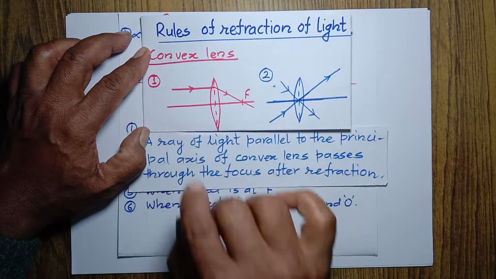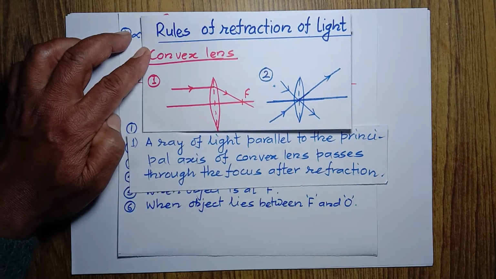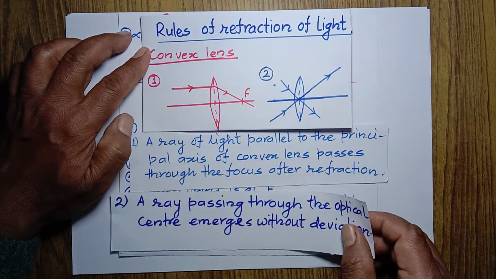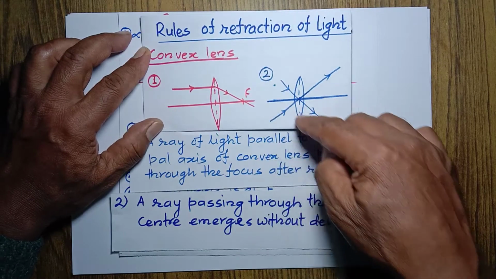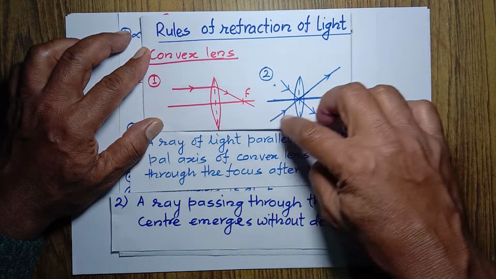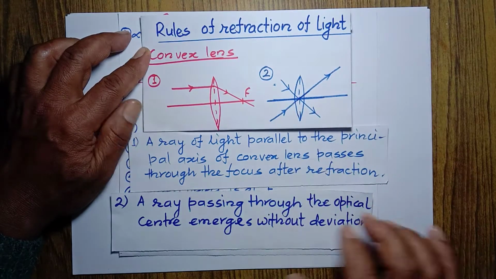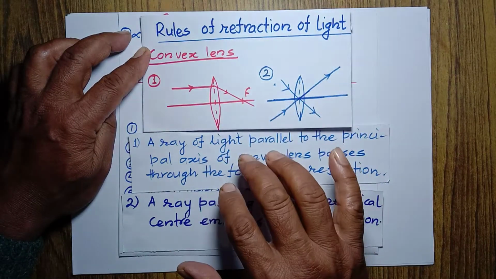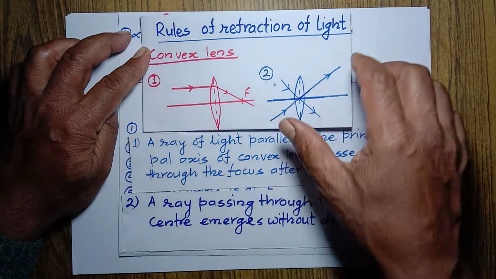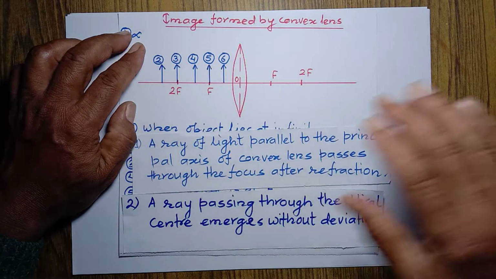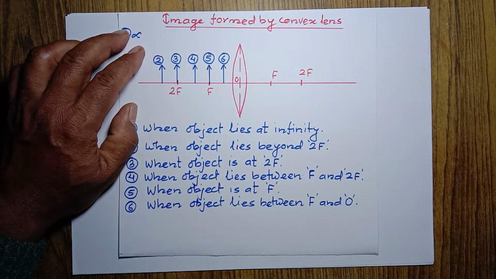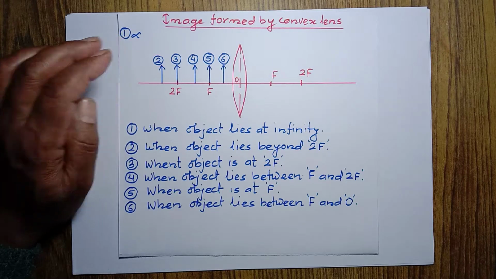We are using this rule to draw the ray diagram. Look at this second one. When a ray passes through the optical center, it passes without deviation, whether it comes from the lower side or the upper side, it doesn't make any difference. Using these 2 rules, we are going to draw all these 6 different diagrams which a convex lens forms.